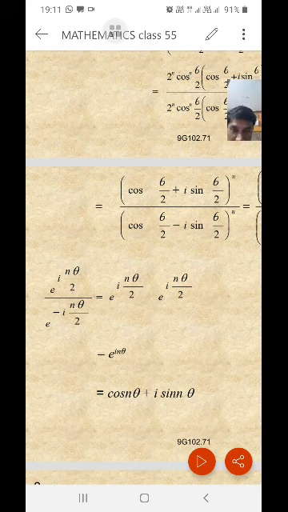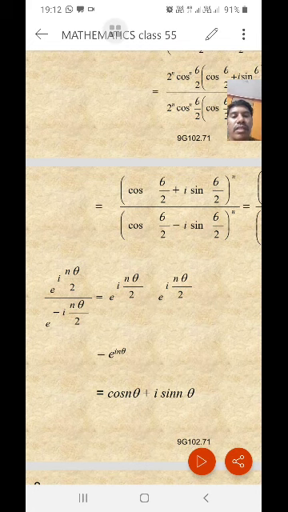Here the fraction is taken to the upside, that means in the numerator, so the power minus becomes positive. So e power i n theta by 2 into e power i n theta by 2. Then he added the powers with the rule a power m into a power n equals a power m plus n. Bases are same and the product is in between them, so we write one base and add the powers.